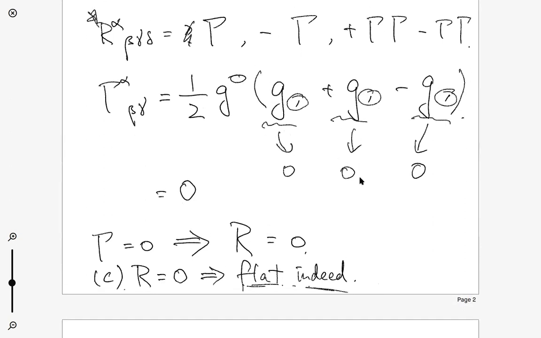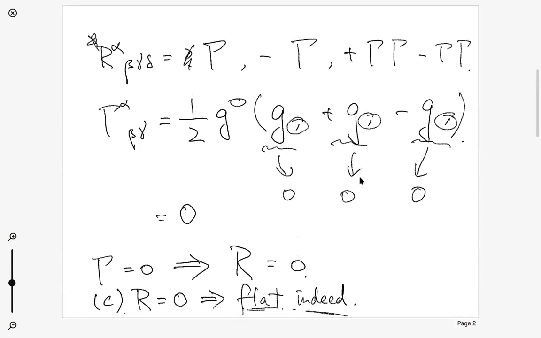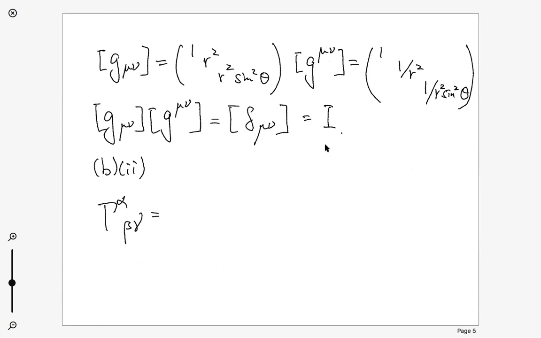But now, obviously, the metric is not just constants, as what we did before. So we have to be more careful now to calculate this Christoffel symbol. We have to be really careful on indices.